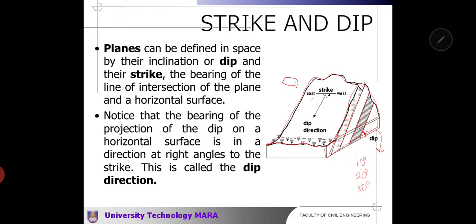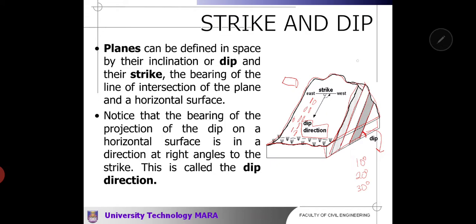So wherever the water drops, for example in this example, the water will run down to the toe of the hill. The direction of the water going down is what we call dip direction.